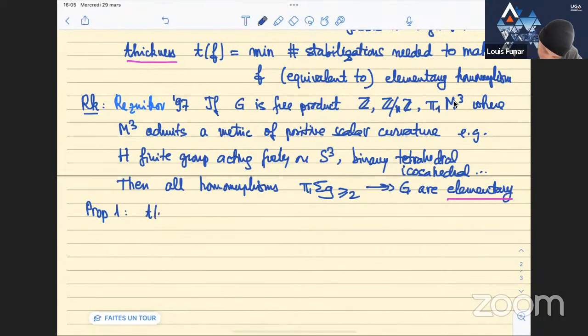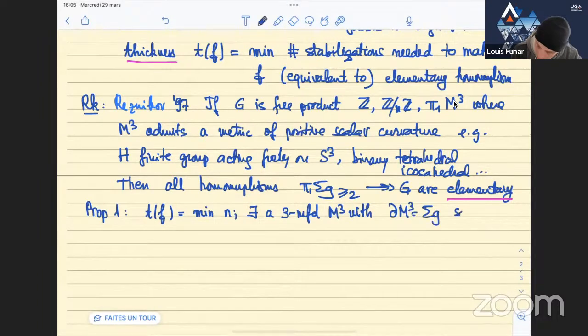T of F is actually the minimum n such that there exists a 3-manifold M3 with boundary of M3 identified to sigma G, such that the map going from pi 1 of sigma G into G factors through pi 1 of M3.